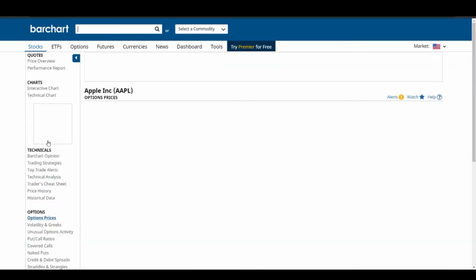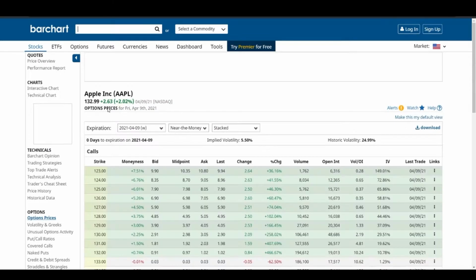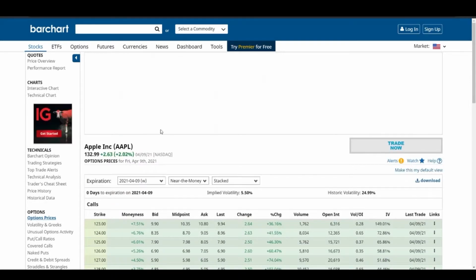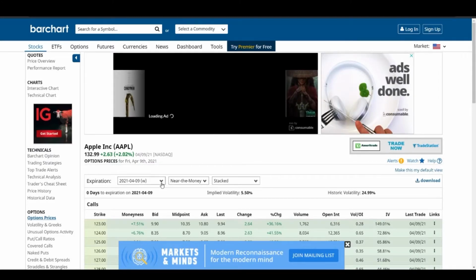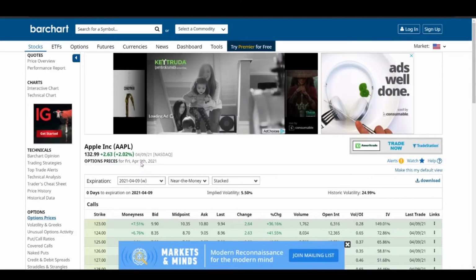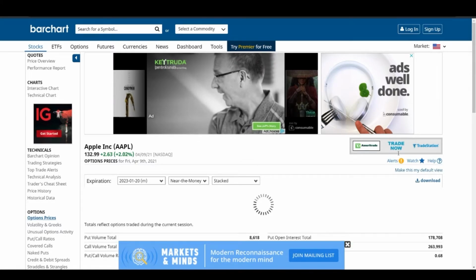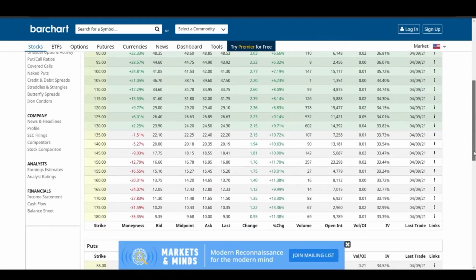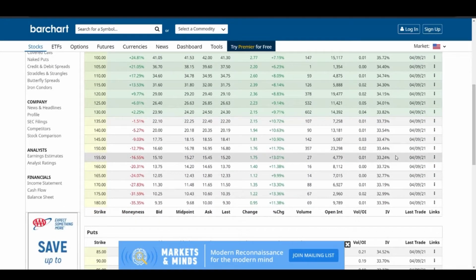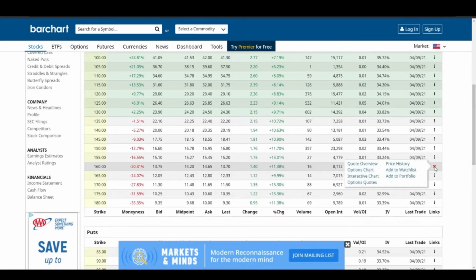So we're going to click on option prices. We're going to select the appropriate expiration date, which we determined to be January 2023. And we're going to scroll down to, let's say, the 160 call. We're going to hit these three dots here, and we're going to go to the options chart.